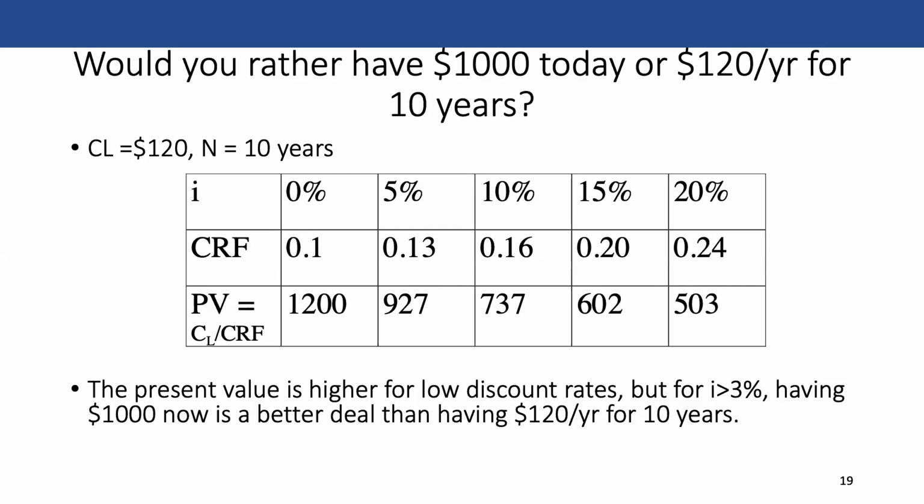And so you would rather take $120 per year because that total is worth more than the $1,000. And then we can see how that changes as your interest rate increases, or not your interest rate, sorry, as the discount rate increases.